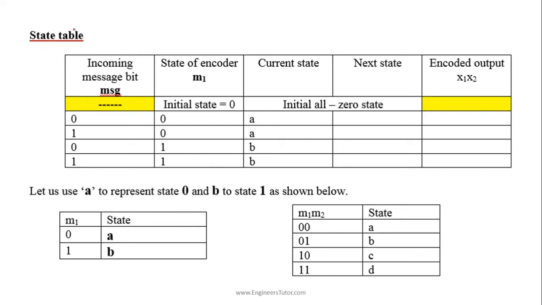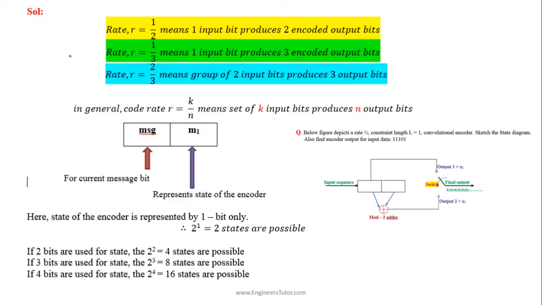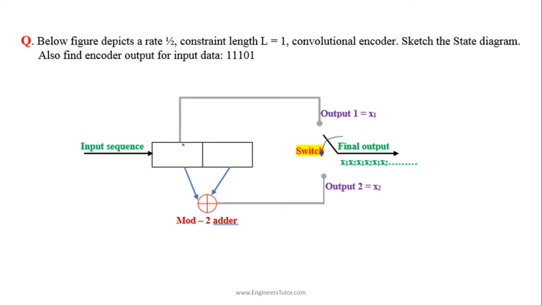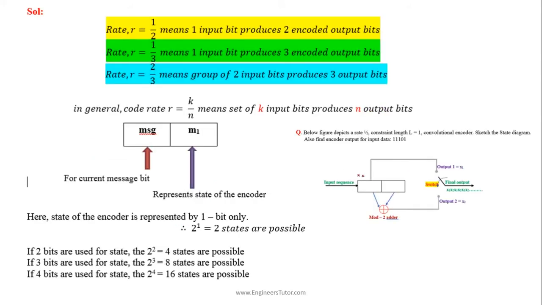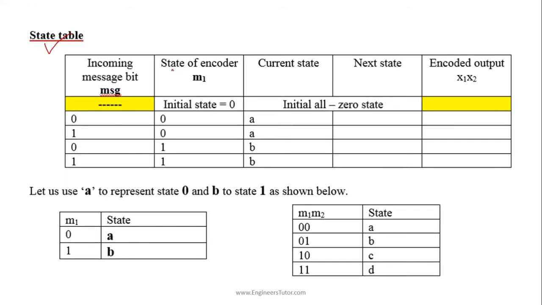Let us understand how to prepare a state table for a given convolutional encoder. Initially, the encoder is at the all-0 state. The state of the encoder is represented by M1, and initially it is in the all-0 state.